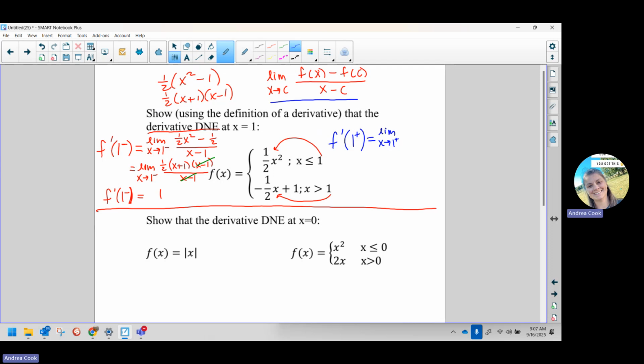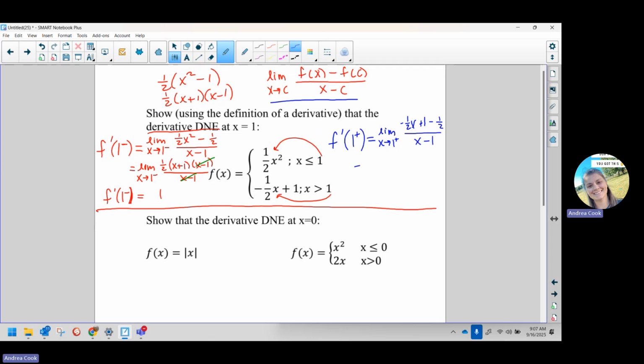What function is that? It's the bottom one, which is negative 1/2 x plus one minus f of one. f of one was, I already forgot, 1/2, all over x minus one.